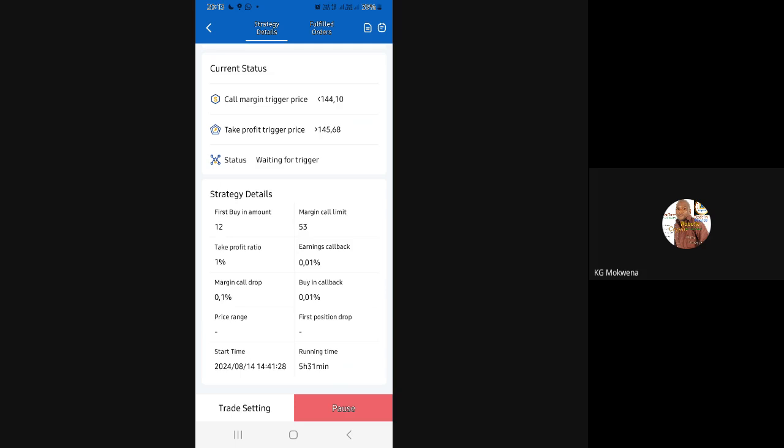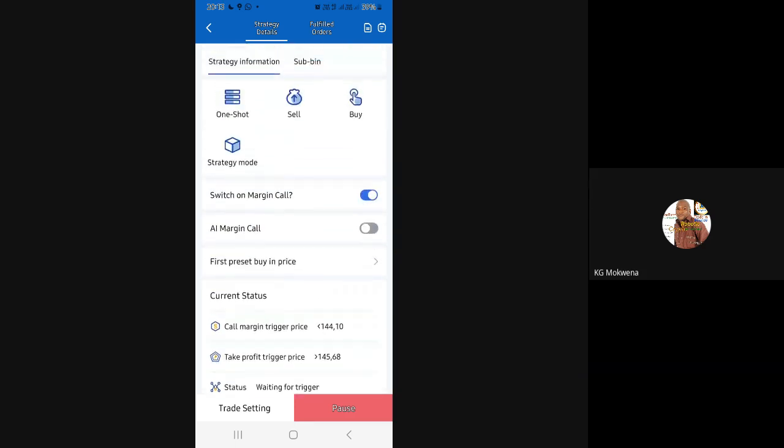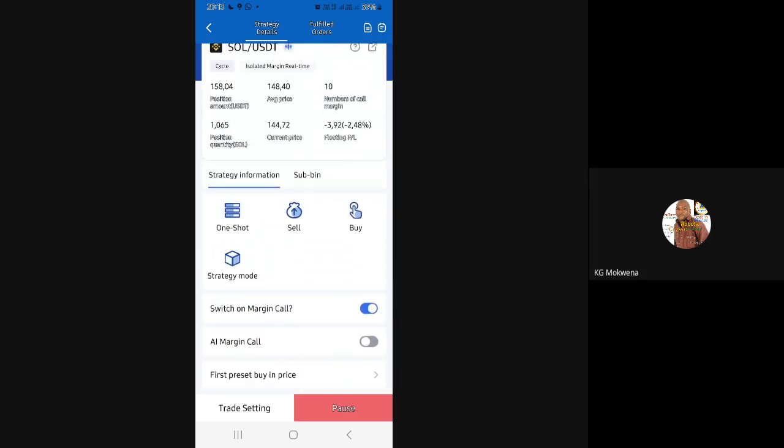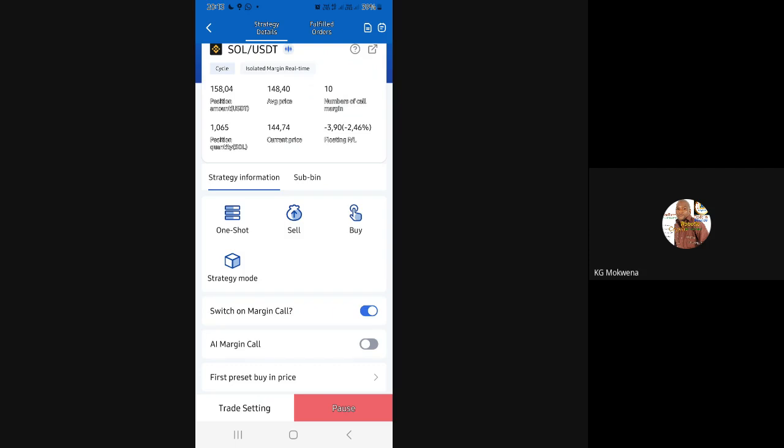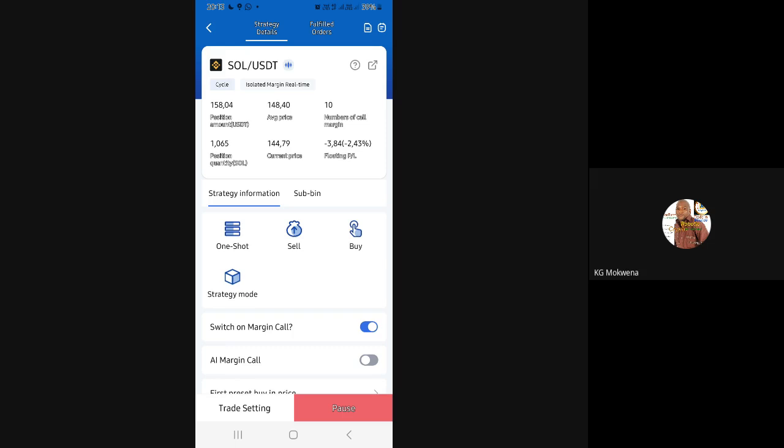So now, if you are to go up, what you are waiting for is that you want to see that 10 at the top right corner for the number of call margins changing to 11. Immediately it changes to 11, you will see your position amount will no longer be 158.